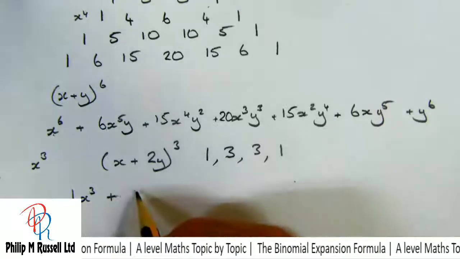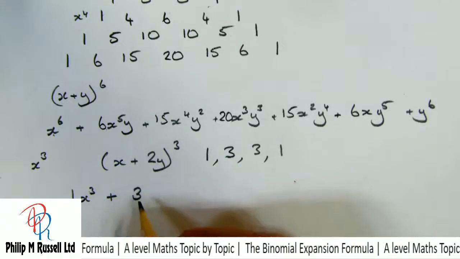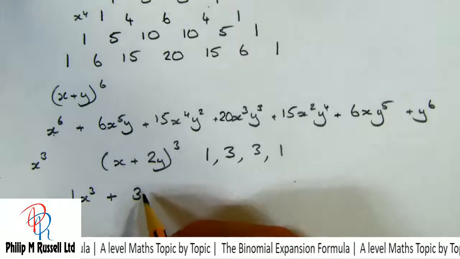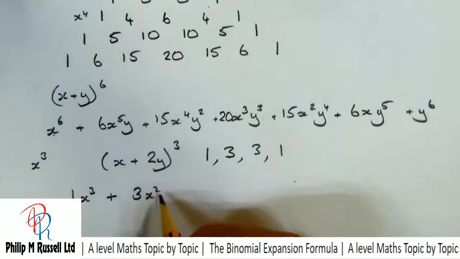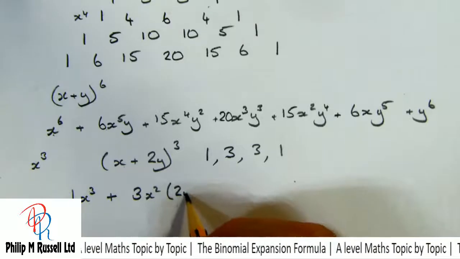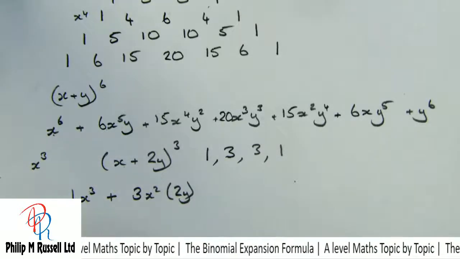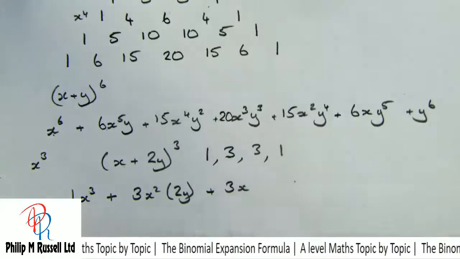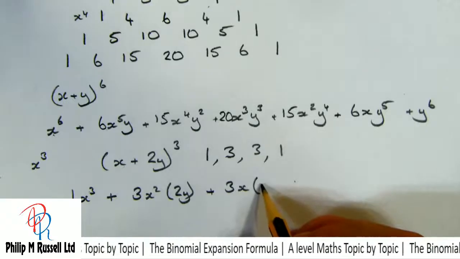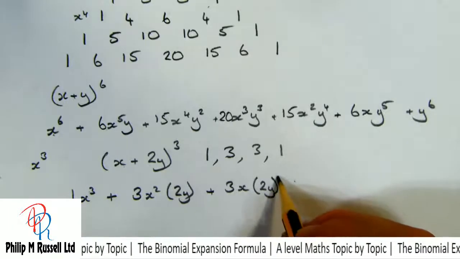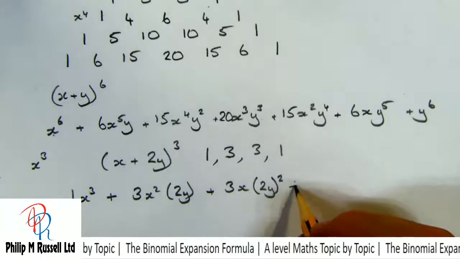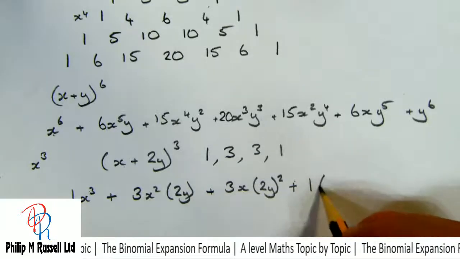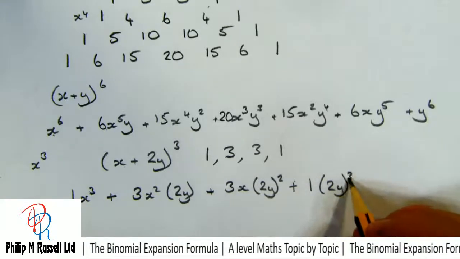Then we're going to have 3, and we're going to have our x squared, multiplied by my 2y. Then we're going to have my 3, this time with an x, multiplied by (2y) all squared, plus a 1 here, which is just my 1 times (2y) cubed.